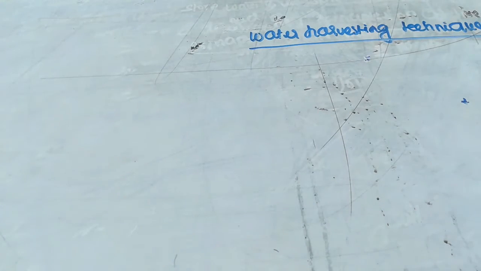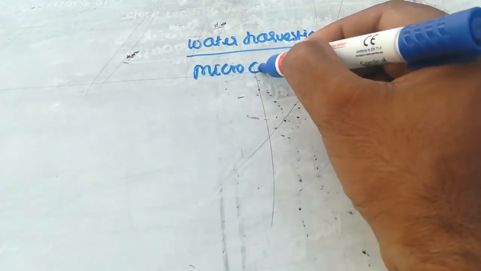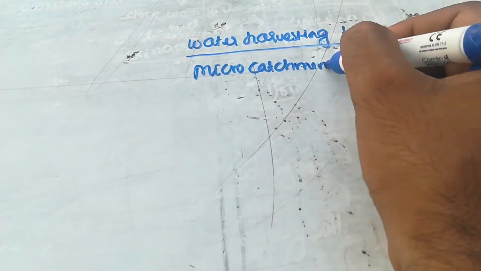What are the water harvesting techniques? We are saying that is micro catchments. We know that catchment means what?